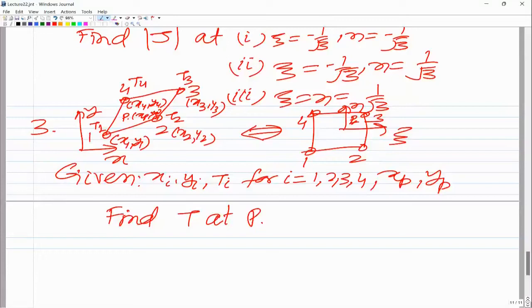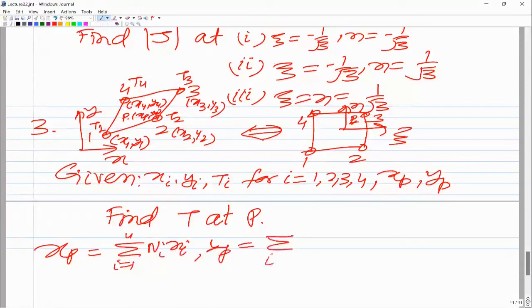So how you will do this is, you know that xp will be equal to summation i going from 1 to 4 of Ni xi, and yp, the y coordinate of point P, would be summation i going from 1 to 4 of Ni yi. So from these two equations, xp is known, yp is known, and x1, x2, x3, x4, y1, y2, y3, y4 are known. So you have this side known, and xi and eta on the other side.